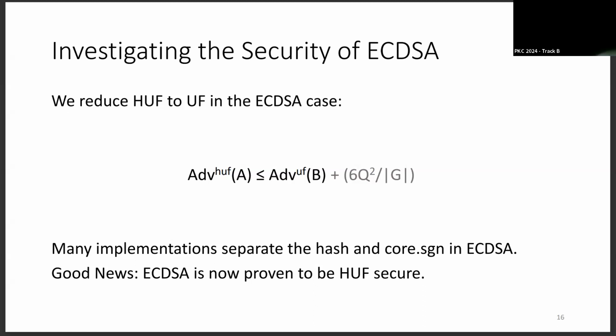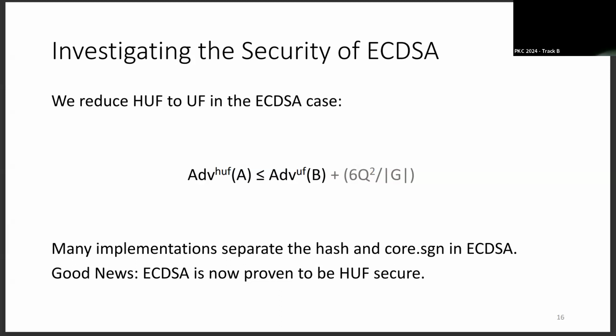The advantage of ECDSA in the HUF model was less than the advantage of ECDSA in the UF model, plus some negligible term. Here, g is the size of the group, and q is the number of queries that the adversary is allowed to make to the oracle.